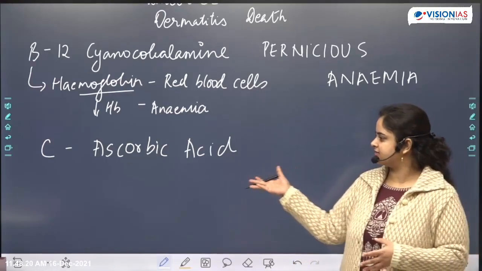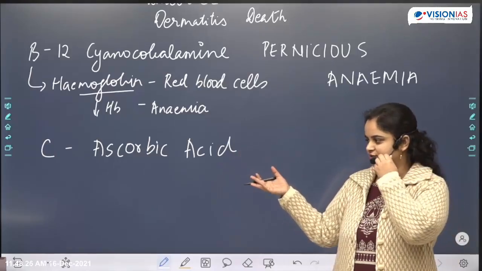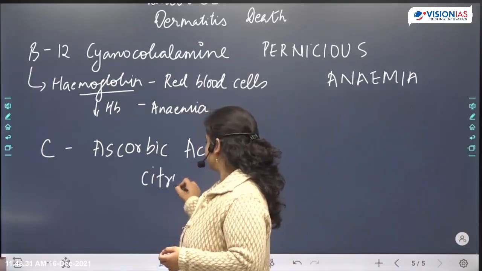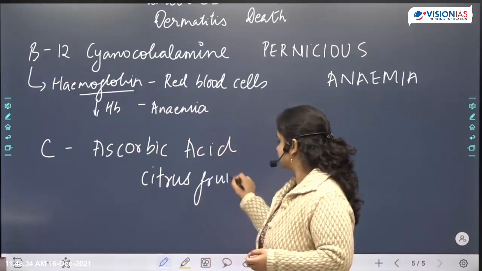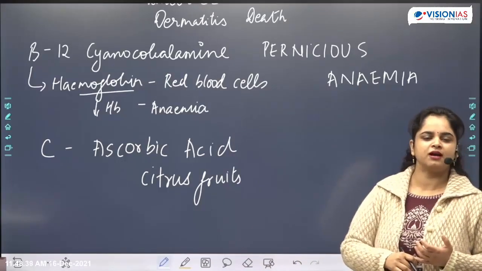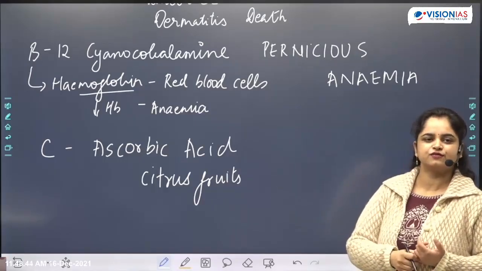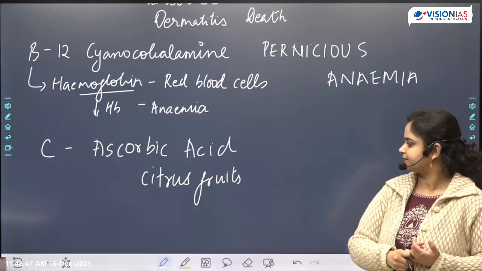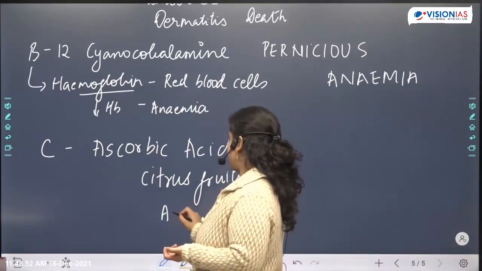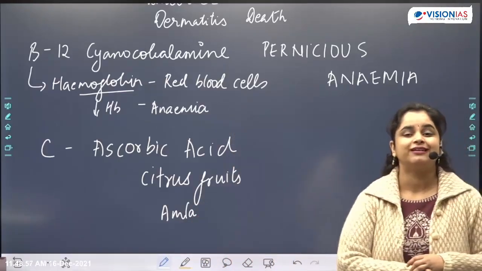So in that sense, I think we do know a little bit about vitamin C and its sources. The main sources are the citrus fruits. So orange, quinoa, malta and all their other relatives, they come in this category, citrus fruits. And of course you can have other sources like amla or Indian gooseberry as it is called, or green chilies.